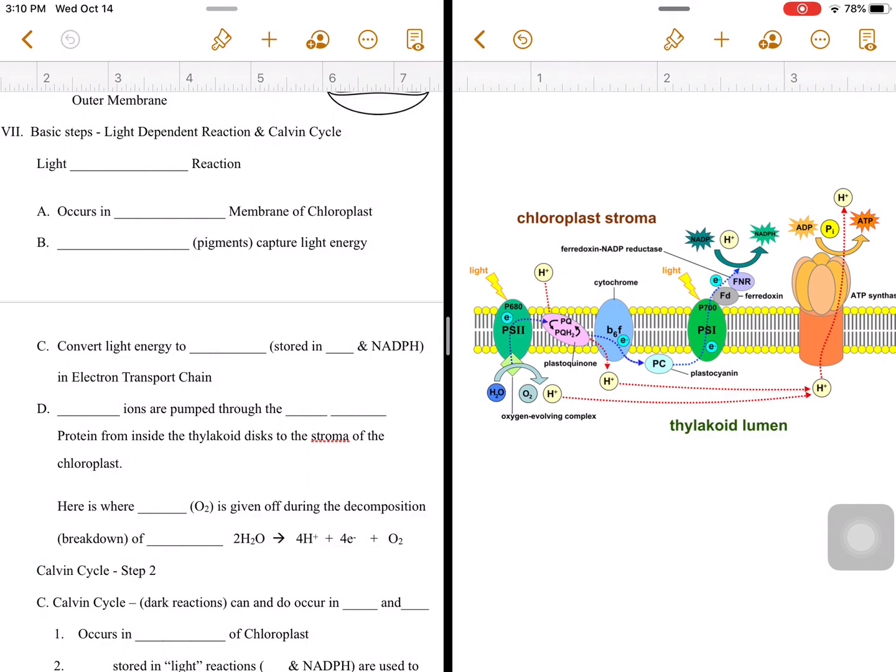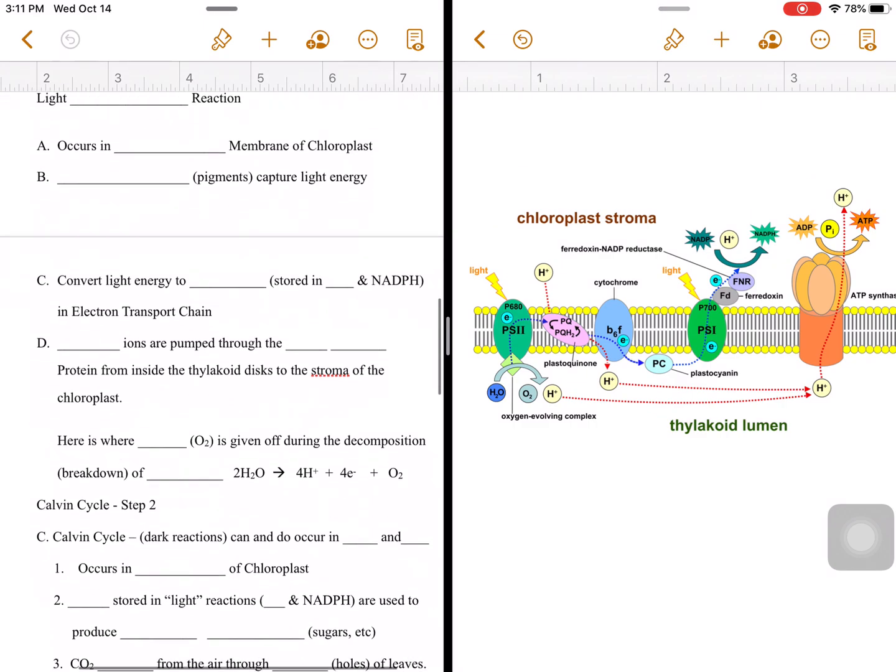And every time a hydrogen gets pumped through, we make more ATP. Also, something else that's happening is that electron is traveling through and it is attaching a hydrogen to NADP, making NADPH. And NADPH is a lesser powerful, I think is the word I'm looking for, energy carrier, whereas ATP is a much more potent energy carrier, but they both are energy carriers.